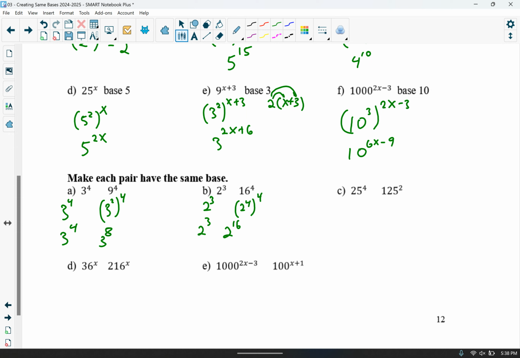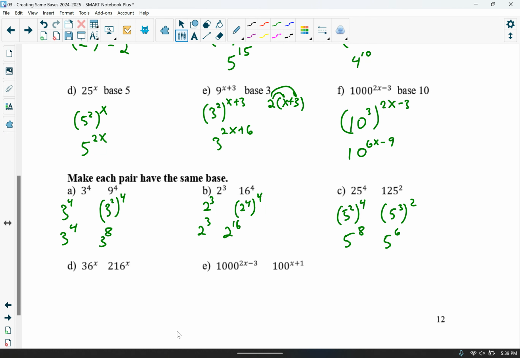But both numbers can be made from a base of 5. 25 we can write as 5 squared, so 5 squared to the 4th power. 125 we can write as 5 cubed, so 5 cubed to the 2nd power, which would give us 5 to the 8th. And 5 to the 6th. This allows us to easily and quickly compare which is larger, 5 to the 8th, because it has the larger exponent.